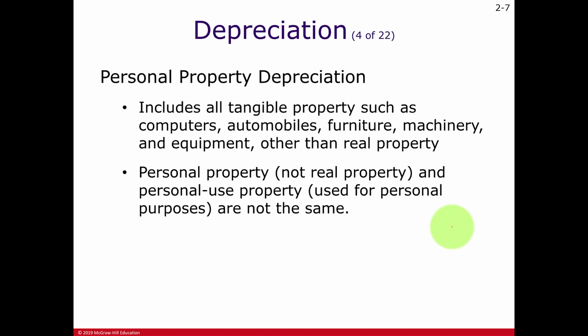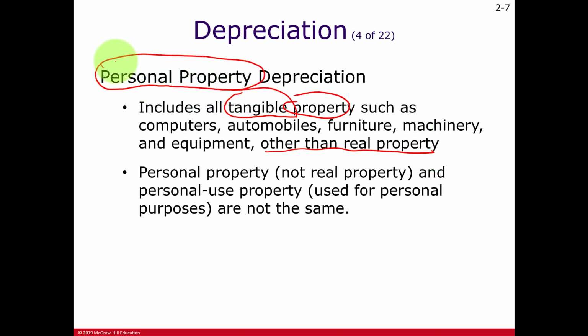We're going to depreciate tangible things we can touch. Property that's not real estate is called personal tangible property. Don't confuse the word personal here with personal use. Personal use here means non-business.